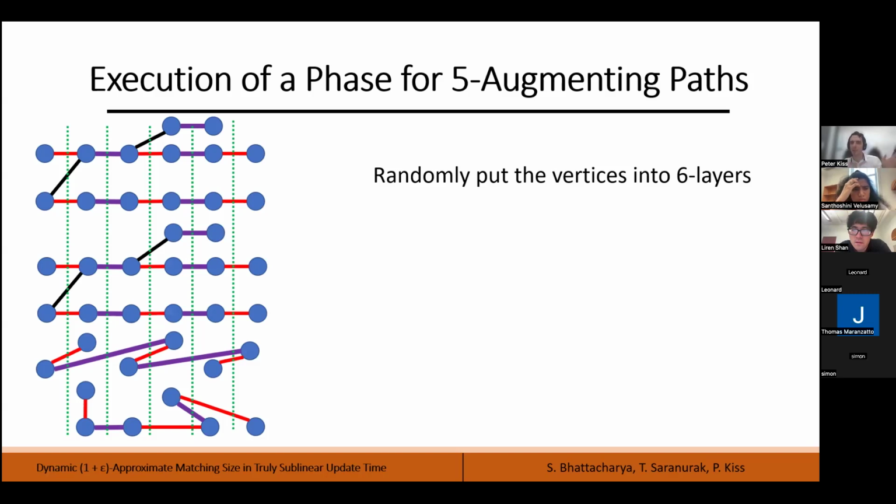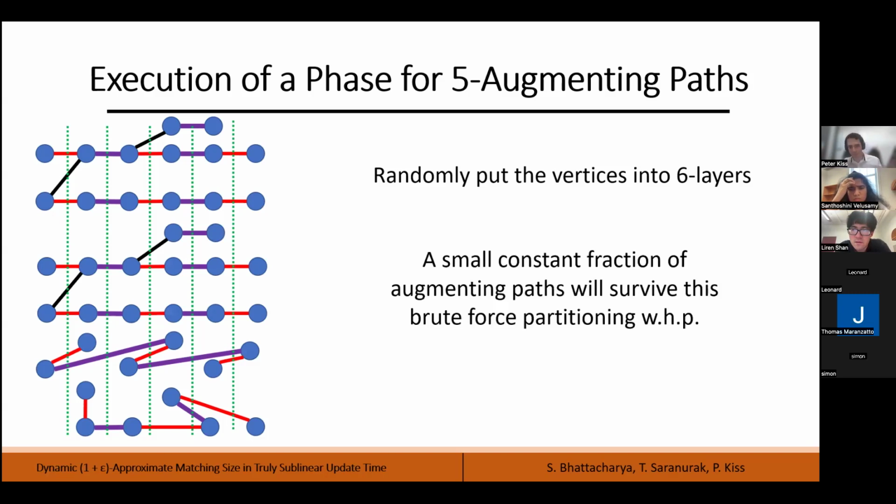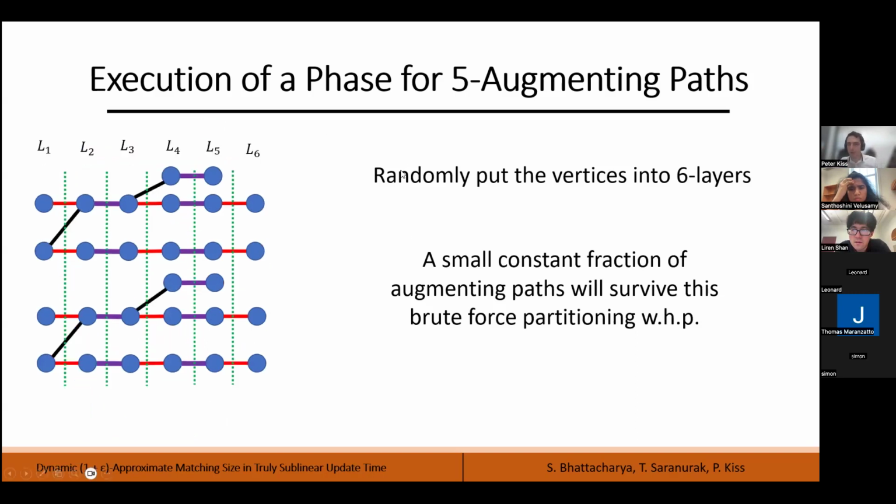This will happen to an exponentially small fraction of them, but it will happen to a constant fraction of them with high probability. Right. So we will really just focus on this small constant fraction of augmenting paths, which happen to survive this brute force randomization we did at the beginning. And we will try to find a constant fraction of these augmenting paths.